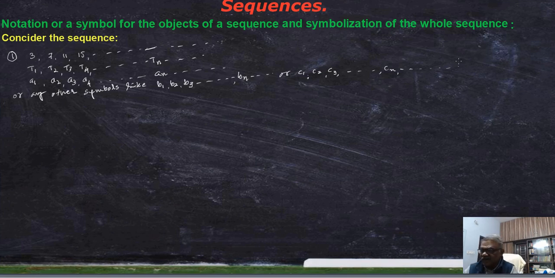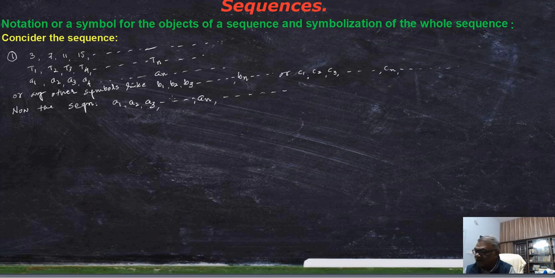Now the above sequence I can write down: A1, A2, A3, so on and so forth, An, so on and so forth. These are the symbols used for the first term, second term, so on and so forth.